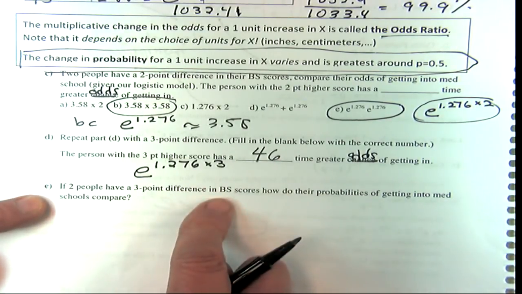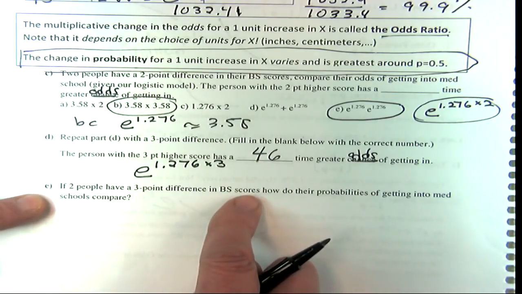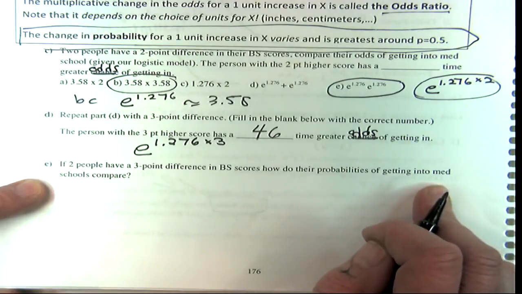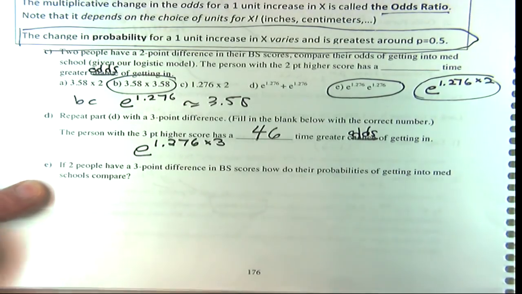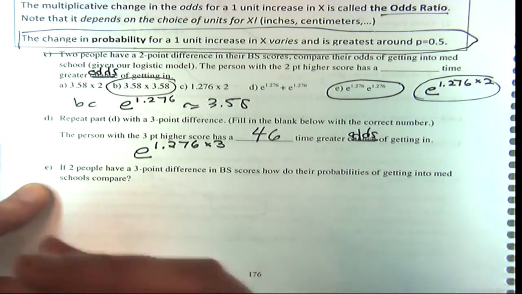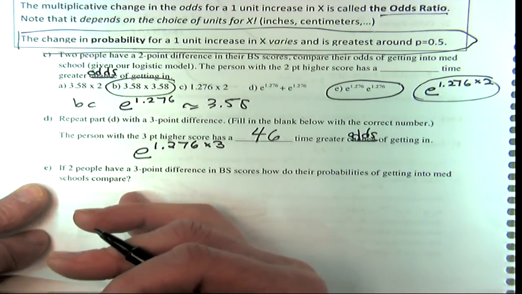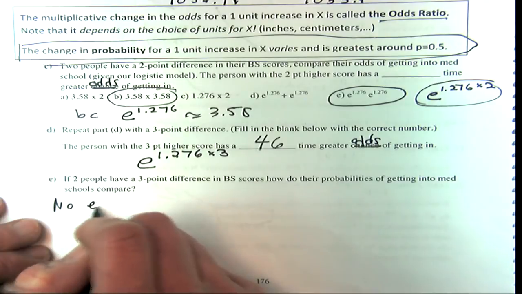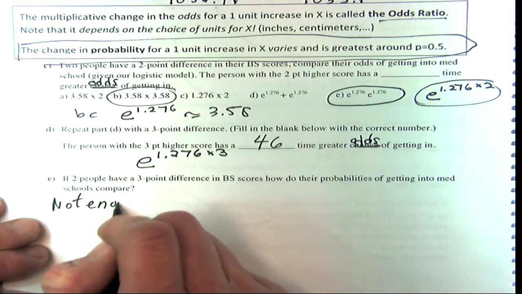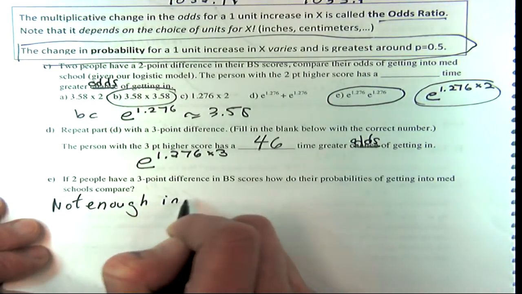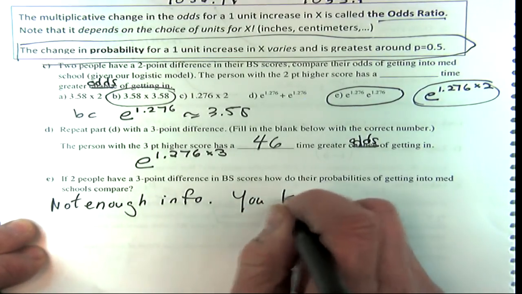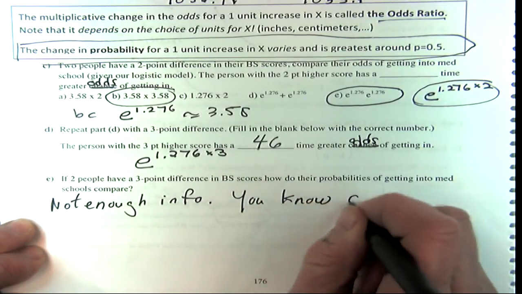So if two people have a 3-point difference in their biological science scores, how do their probabilities of getting into medical school compare? Think about it. You do not have enough information. You can't describe it. Not enough info. You know the odds ratio, right?